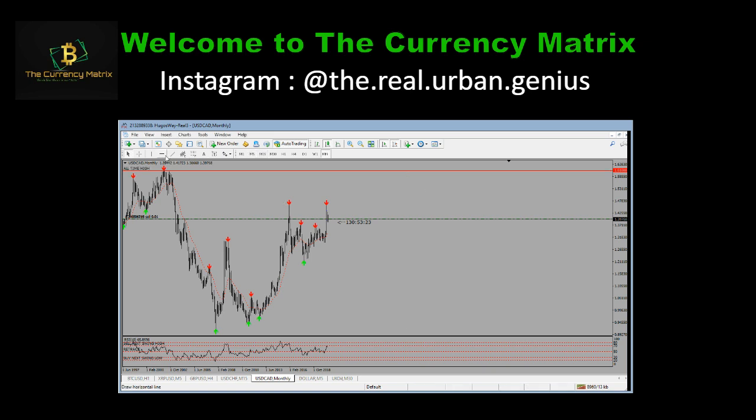Now from there, we're going to come down here to the low. We have 0.9153, 0.915.